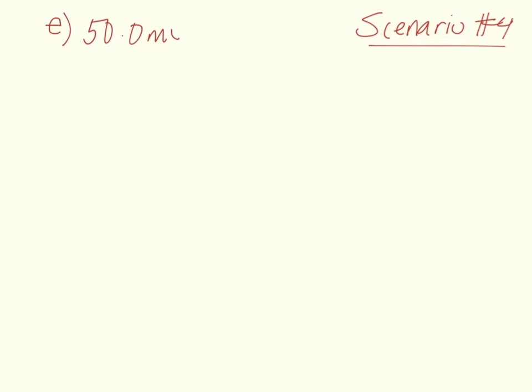In section E, where you're adding 50 milliliters total of sodium hydroxide to your acid, this is again a past the equivalence point problem. This is no different than section D. The only difference here is that instead of being past the equivalence point by half a milliliter, now we are past equivalence by 15 milliliters. Remember, it took us 35 milliliters of NaOH to get to the equivalence point.